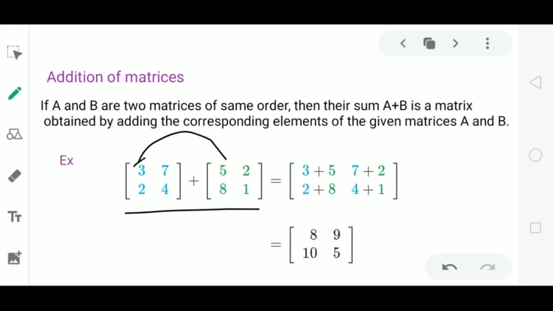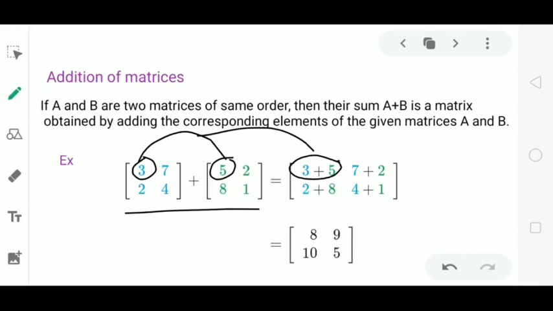Here 3 is the first element of first matrix, 5 is the first element of second matrix. Their sum is 3 plus 5. Since these elements lie in the first place of the given matrices, their sum also lies in the first place of the matrix.